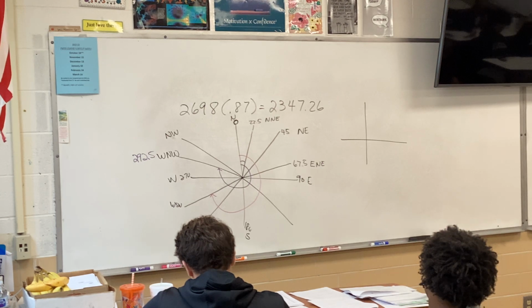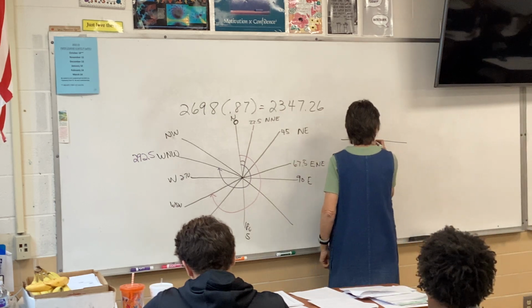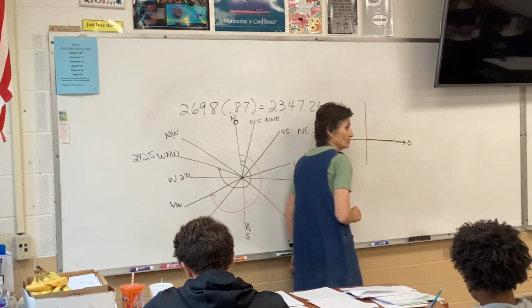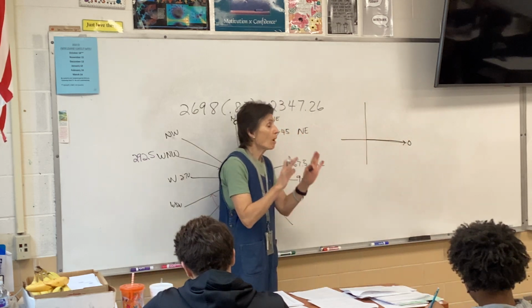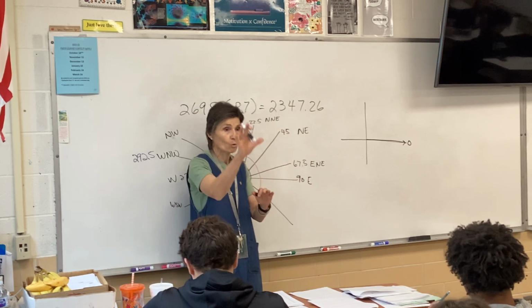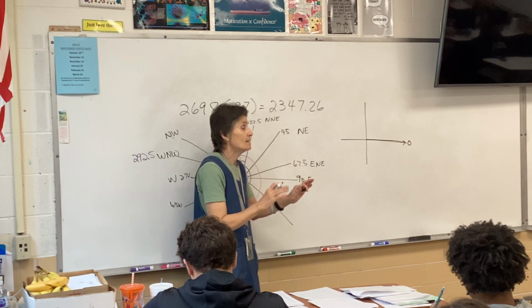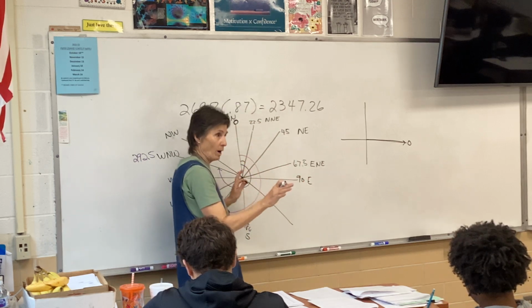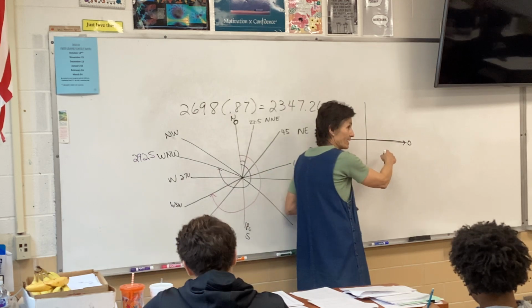And standard position means that we start measuring on the positive x-axis. So this is 0. If you are doing a navigation problem, a ship is sailing on a course, a plane is flying, whatever, this is the setup. Otherwise, this is the setup.